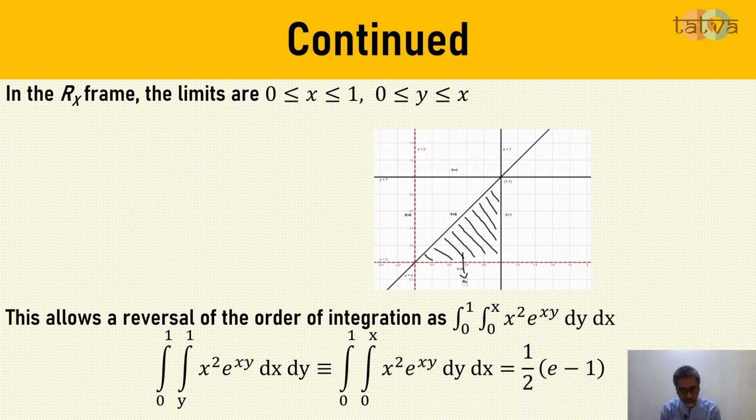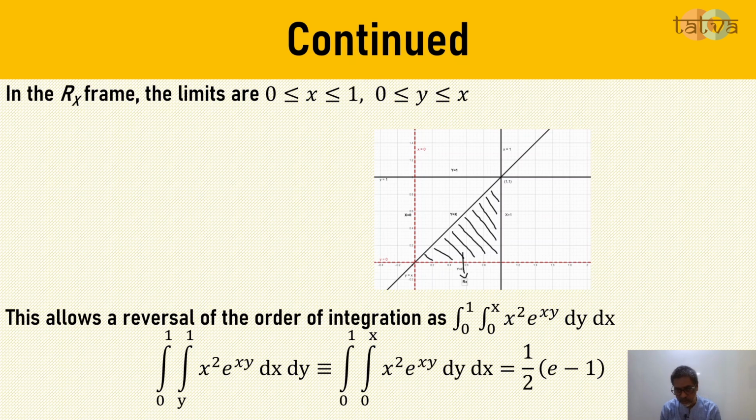Now you can see the original problem on the left hand side converted into an Rx region where the limits are seen on the top of the screen. x varies from 0 to 1, y varies from 0 to x, and then evaluation of course is extremely simple because the integration of e power xy with respect to y will give us e power xy divided by x.